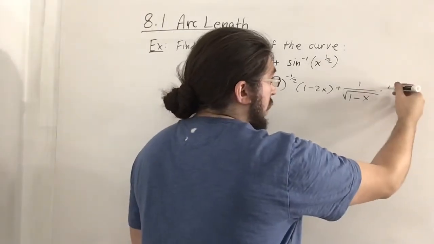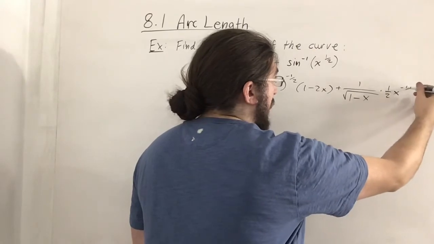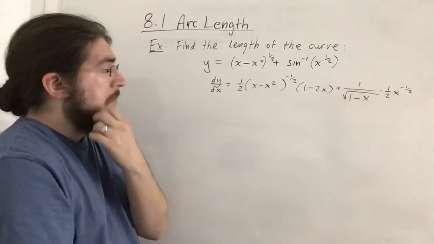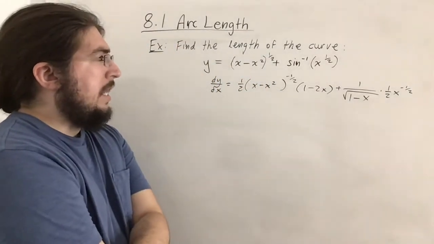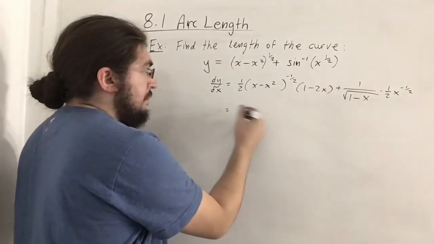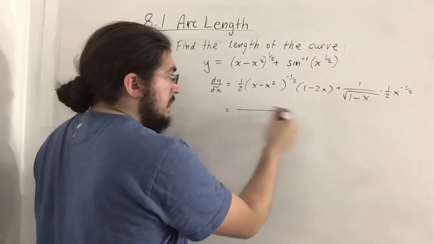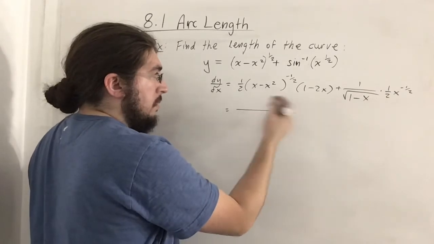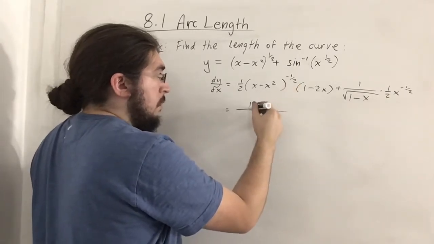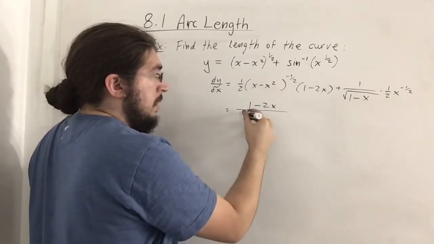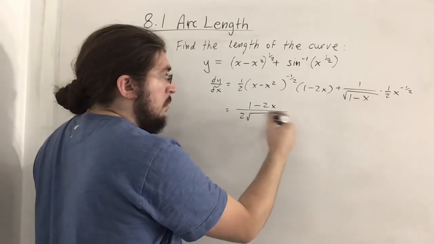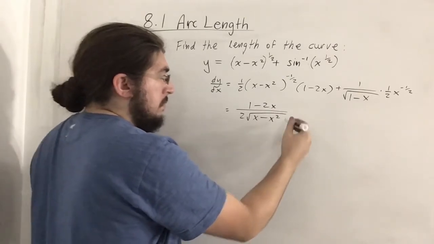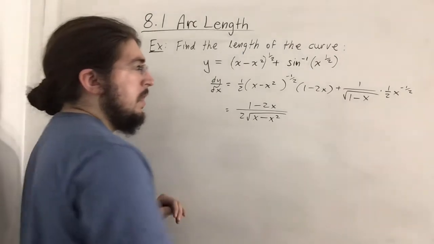Derivative of x to the 1/2 is 1/2 x to the negative 1/2, which kind of screws things up a little bit, but to be quite honest, it's not too bad. Because look, if we rewrite this without any fraction powers, or negative fraction powers for that matter, we end up with 1 minus 2x on top, 2 on the bottom, and the square root of x minus x squared. Good.